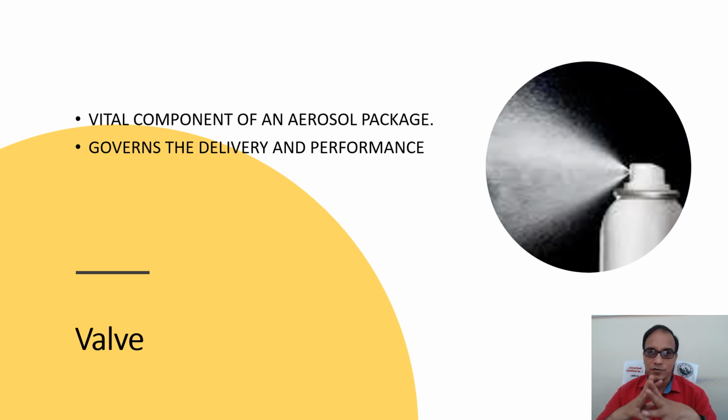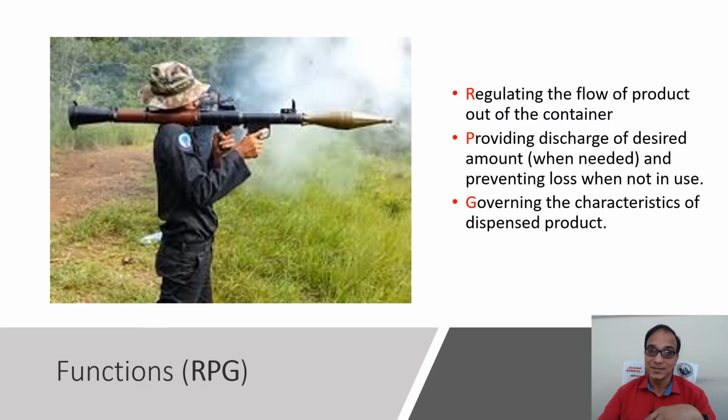Now valve. Valve is a vital component of an aerosol package. Actually, it is the component which governs the delivery and performance of an aerosol system. That's why it has got the vital importance. Now, let's see the functions. Looking awkward?